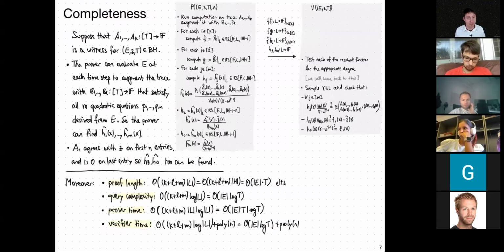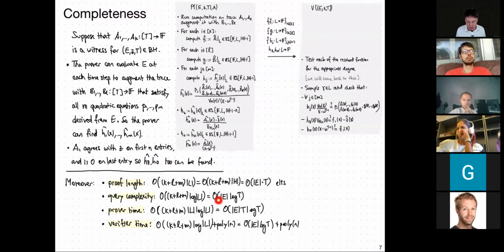So you don't want to have to use FFTs on such large objects. In the pure IOP model, we don't really have an answer. We have some partial answers in other models, like with discrete logs, and you can get something a bit better, but they're not that practical at this point.